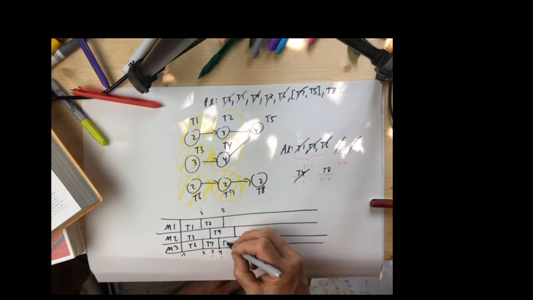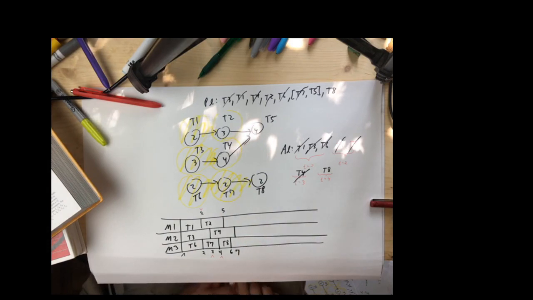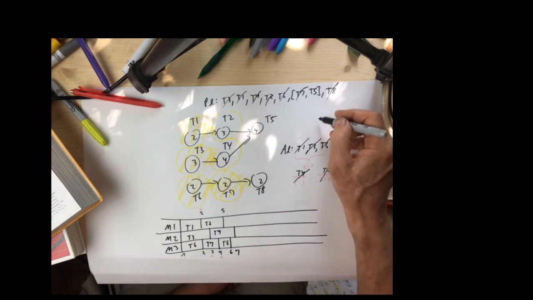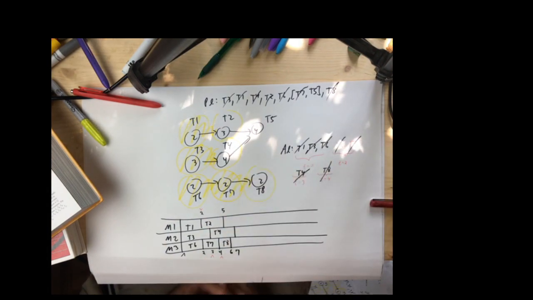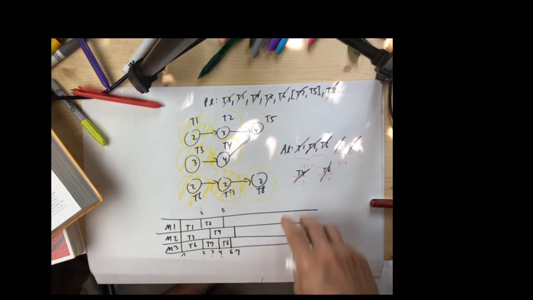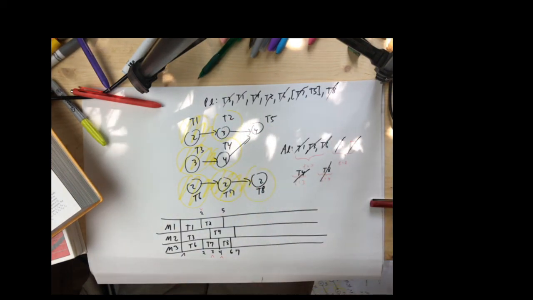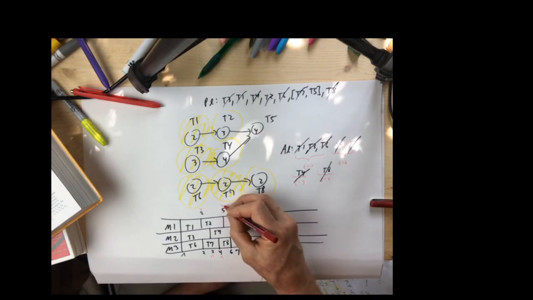Plop it in. T8 runs for 2, so that'll be at 6. Cross out T8, cross out T8, circle T8. It seems this is running just beautiful. 3 jobs, everything's working. We move time forward, so time equals 5.